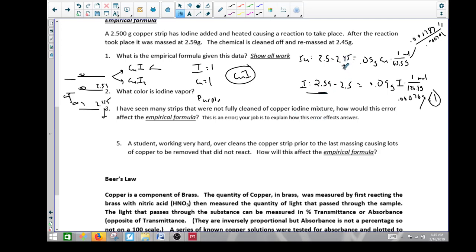This one goes down, causes this number to become bigger, causes the copper to become bigger. How does it affect your answer? It causes the copper to go up and conversely the iodine to go down. That's how it would affect the ratio. All right, I think that's the only one we have there.